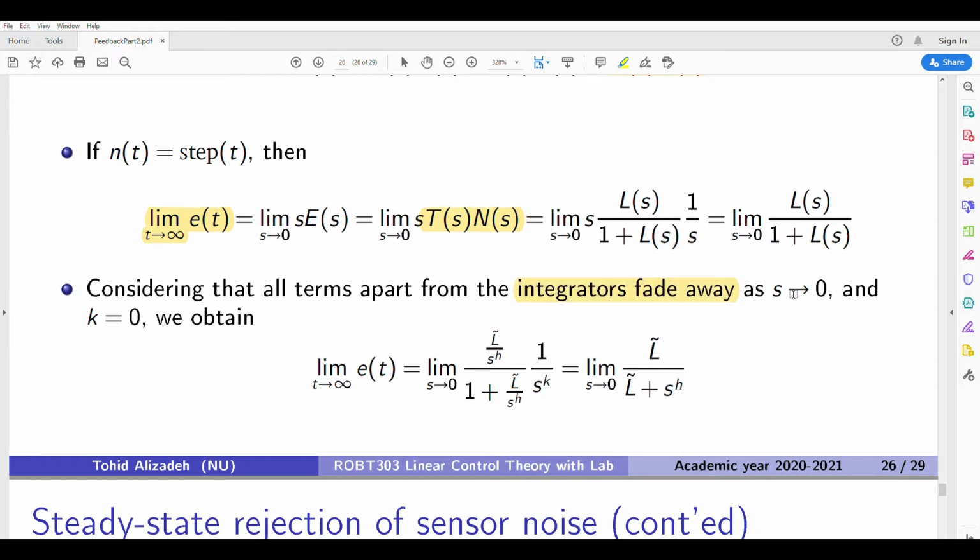Then as s goes towards 0, where k is equal to 0, because the noise that we have for the sensor is in the form of a step function, our limit will be simplified to this. The steady state error will be equal to L tilde over L tilde plus s to the power of h, as s goes towards 0.